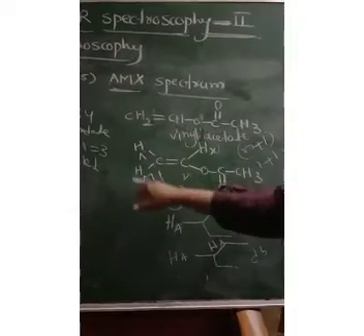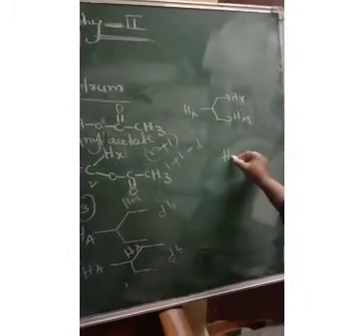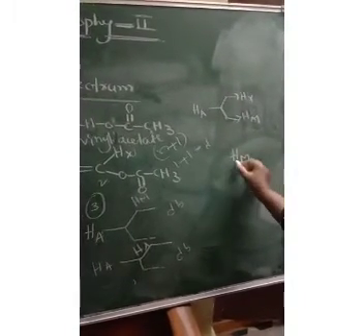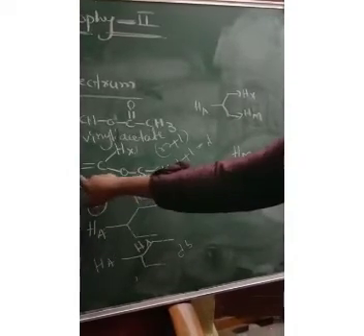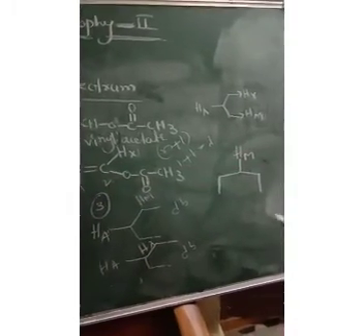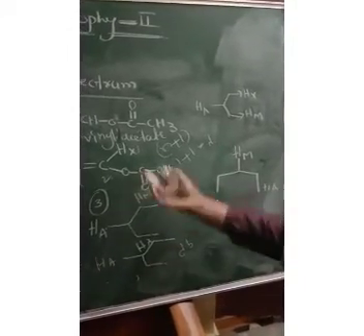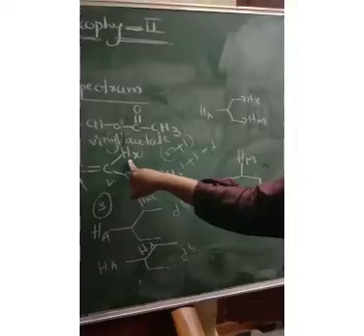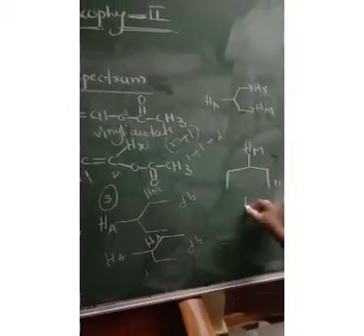Similarly, HM type of proton gives one doublet for the adjacent HA proton and another doublet for the HX proton.